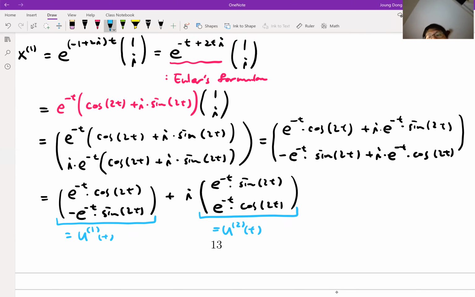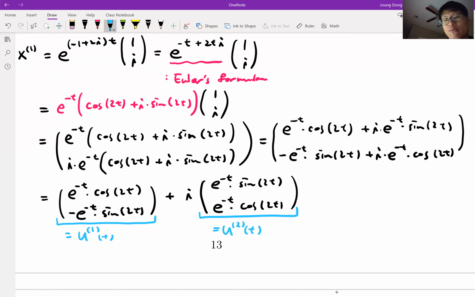As we practiced before, we plug u1 and u2 back into the system to verify they satisfy it. It is true, I'm going to skip this one. But second, we have to verify these are independent. That's really simple: it is the Wronskian. We check the Wronskian is not equal to 0, then we can say u1 and u2 form a fundamental set of solutions. So let's do it.